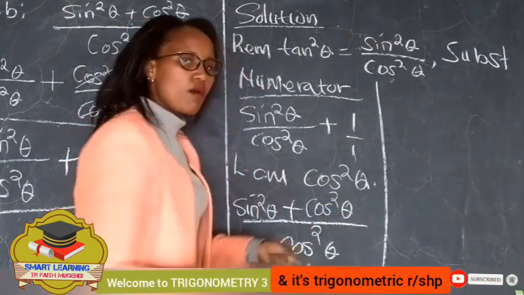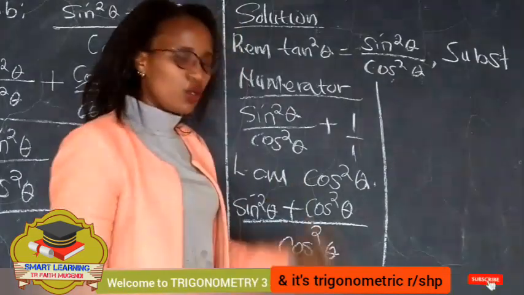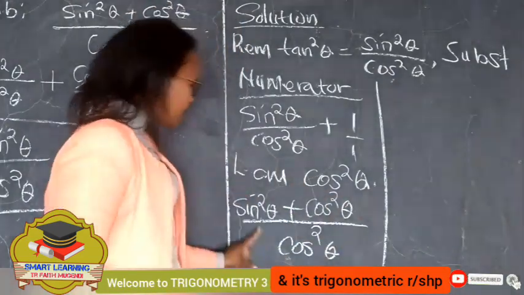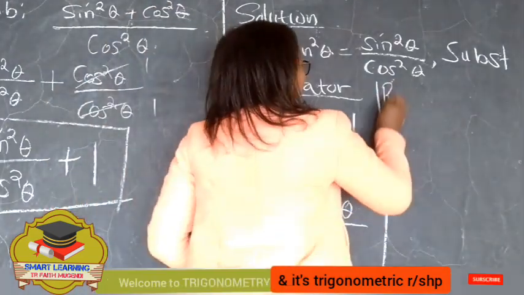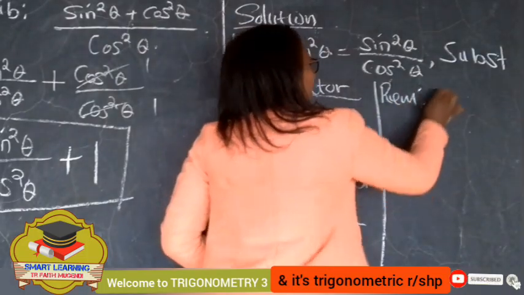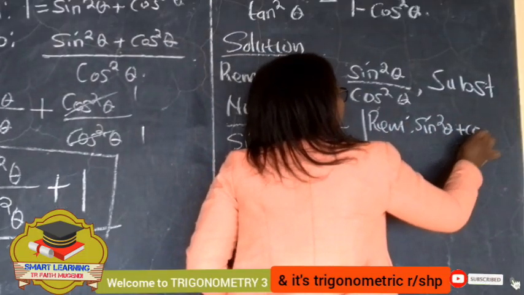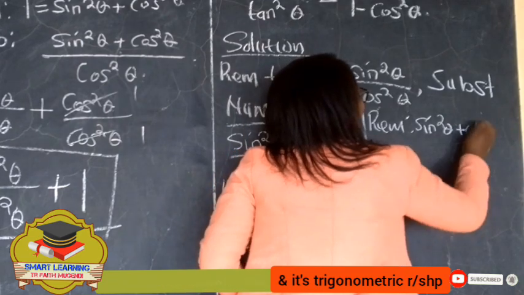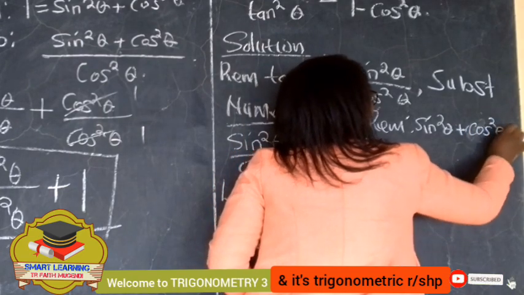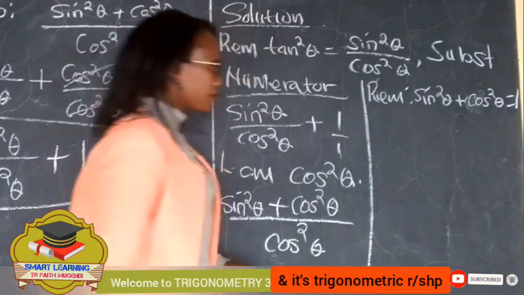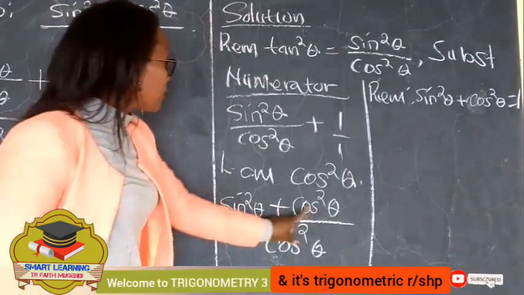This is the normal way of operating numerals. So now that we have this, don't forget that we say that sin squared theta plus cos squared theta is equivalent to 1. So the whole of this one now becomes 1.